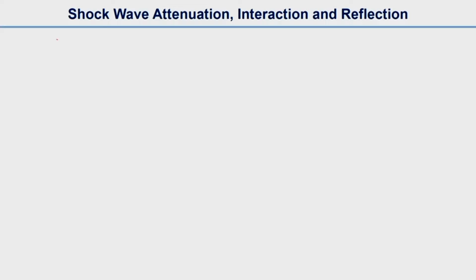So shock waves ideally have 3 parts. The one is the shock front, that you already know, the front part of the shock wave, and then we have a flat top.